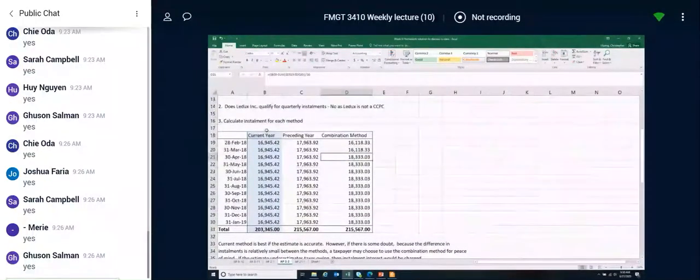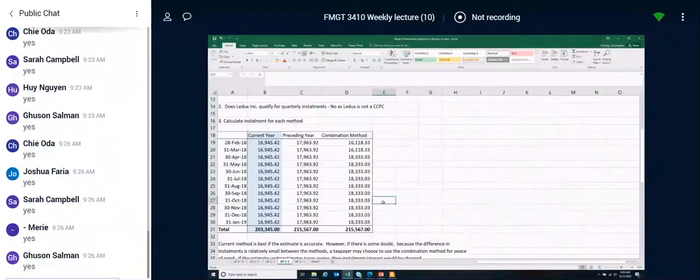Based on that, you would say, again, current method has the least amount of cash flow, so that would be the best method to use in this case. But again, it's only an estimate. Your current year amount is always just an estimate.